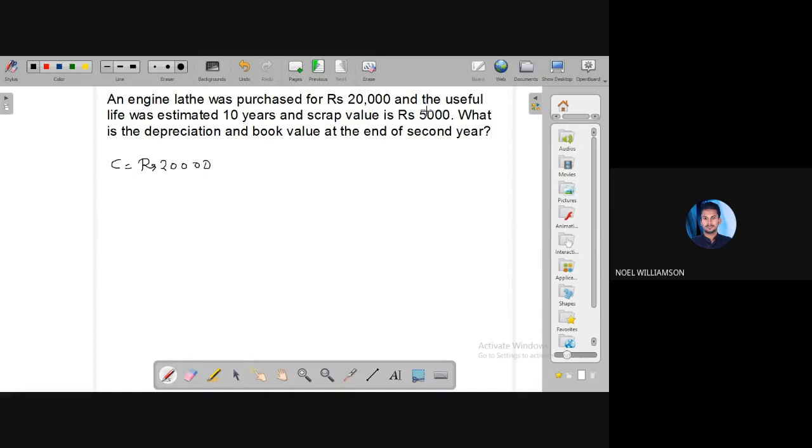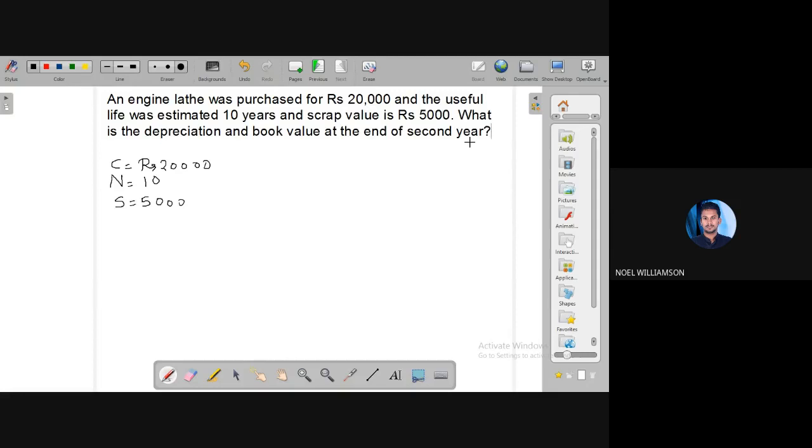The useful life is 10 years, so n equals 10, and the scrap value is 5,000. Now you are asked to find the depreciation and book value at the end of the second year.